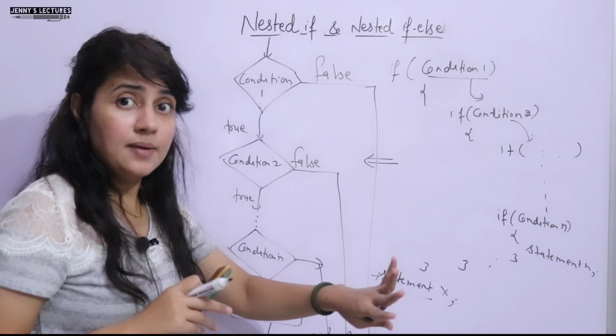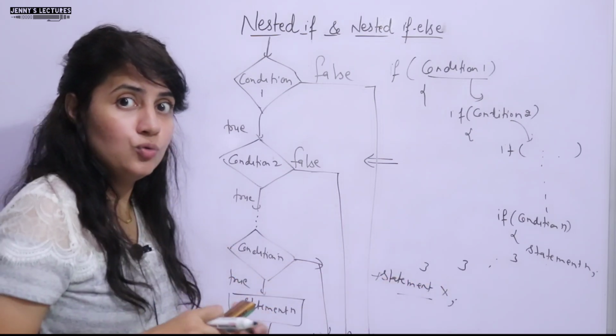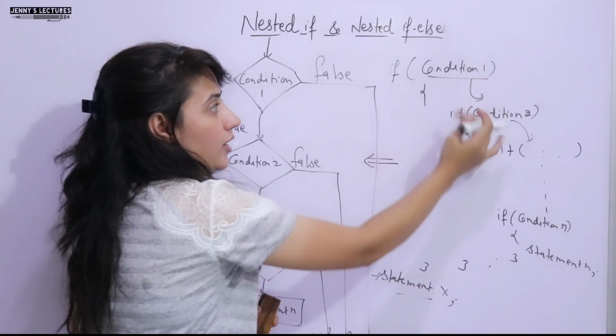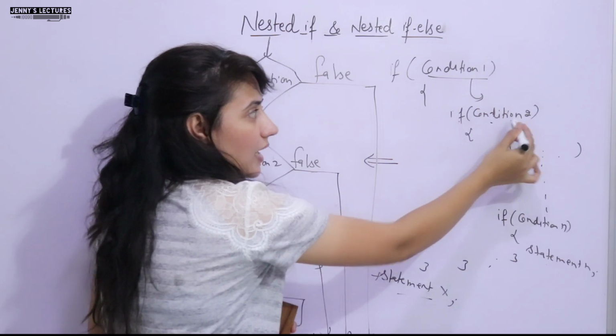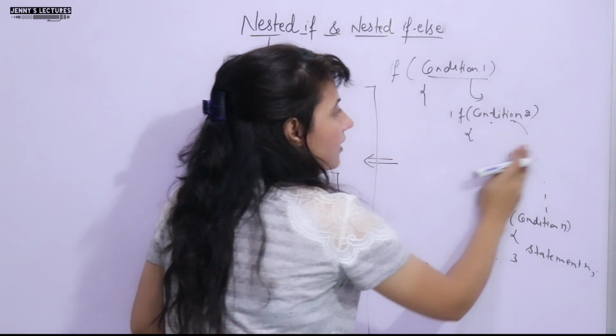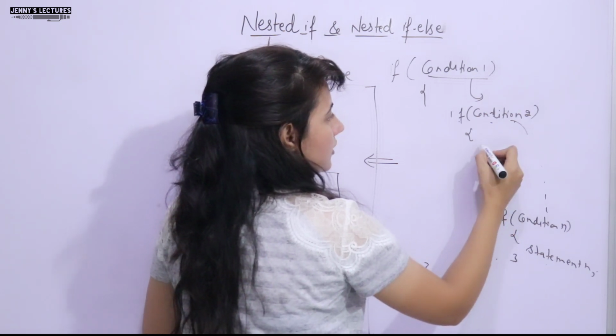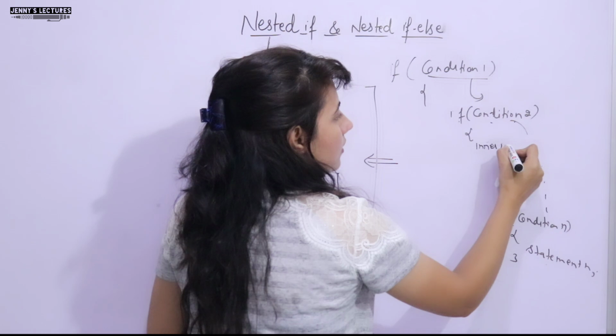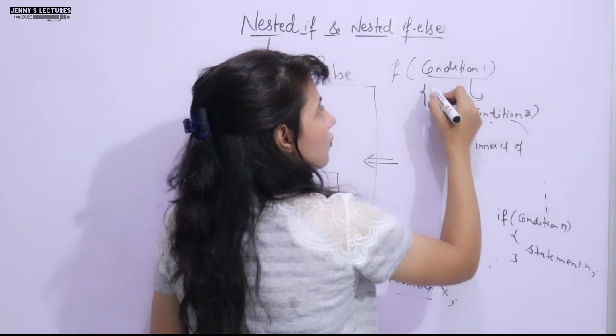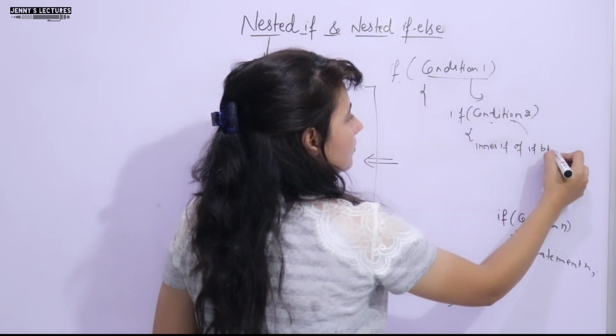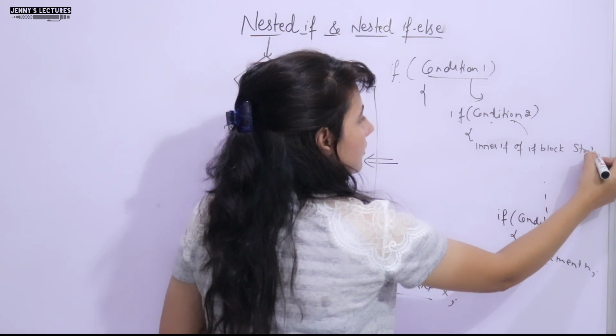Right? Same for if else. I have shown you how to write this. If condition 1, then if another condition, then you can say here are some statements: inner if of if block statement.